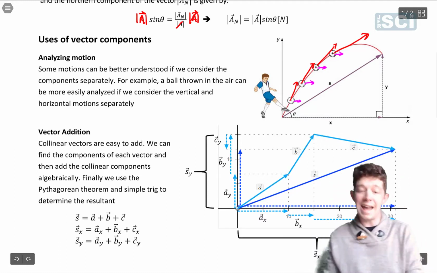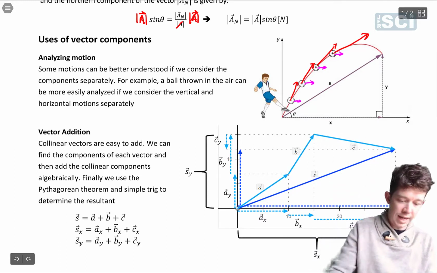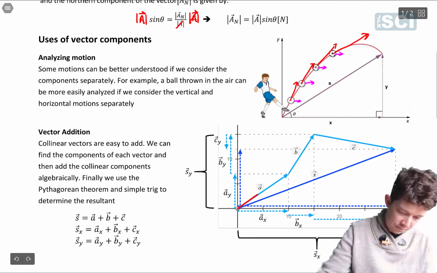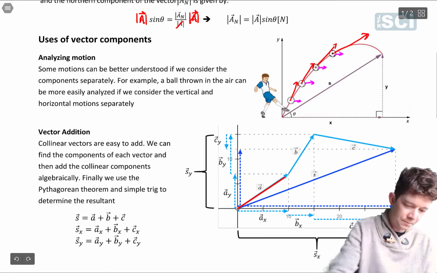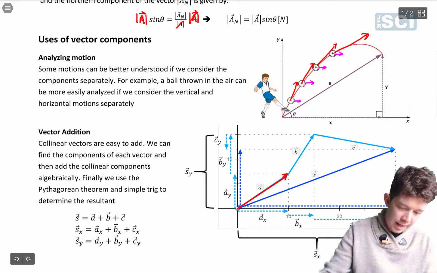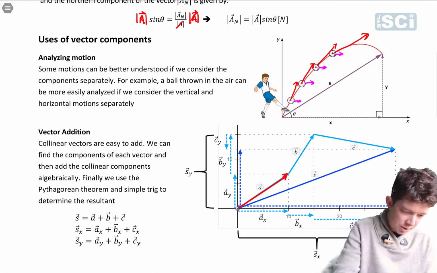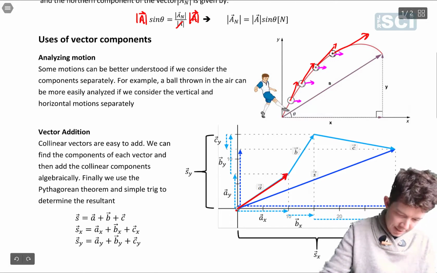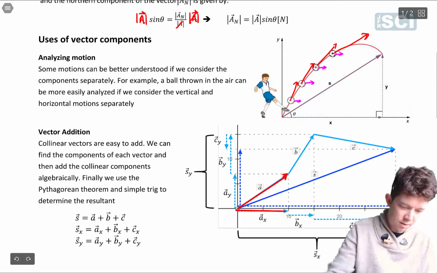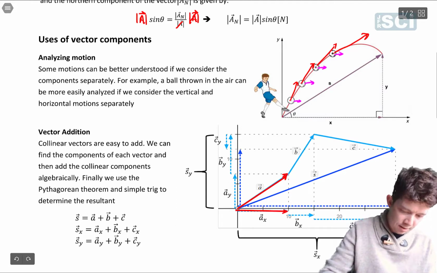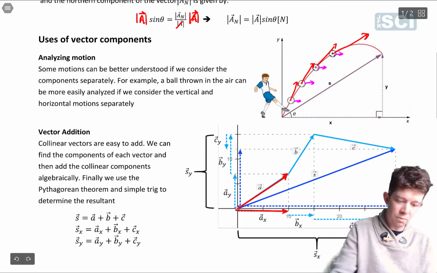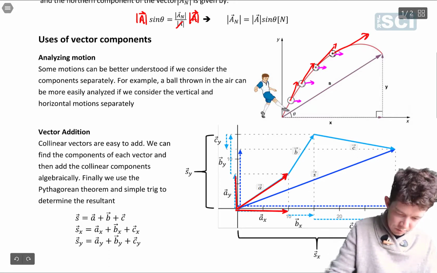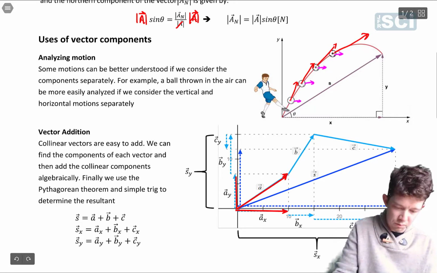So if I look at A, for example, A I'm actually going to draw in red. A has an X portion to it, which is this length here, which is in red, and it has a vertical portion to it, which is this one here, which I'm going to do in red.